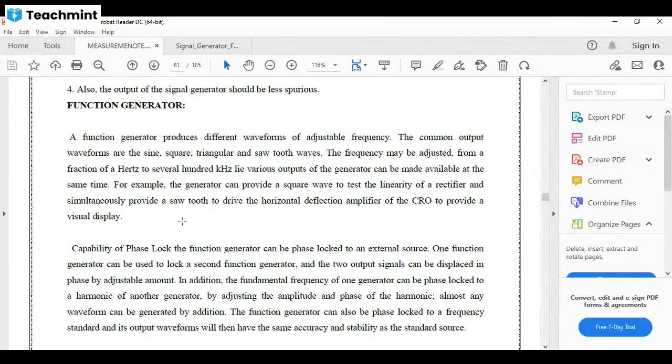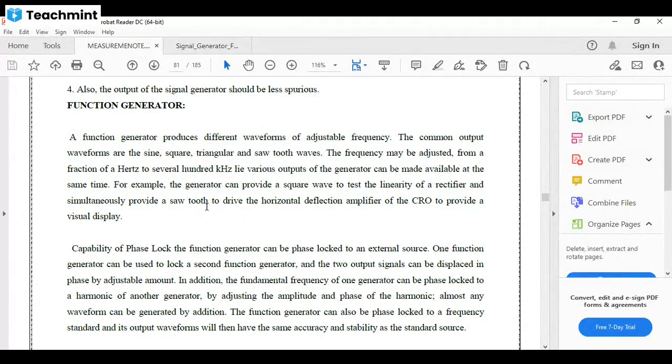So what is a function generator? A function generator produces different types of waveform which are adjustable, and the common output waveforms are sine, triangular, or sawtooth wave. The frequency may be adjusted from a range of 1 hertz to several hundred kilohertz, and the outputs of the generator can be made available at the same time.